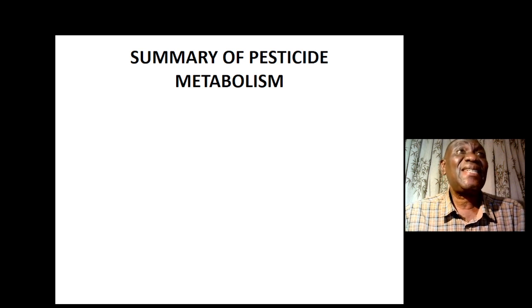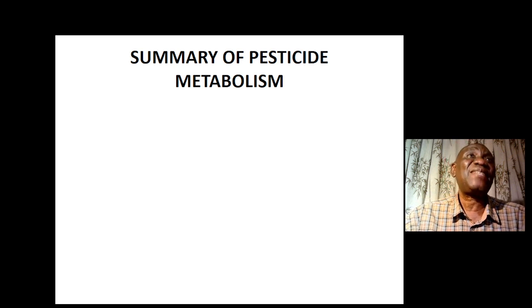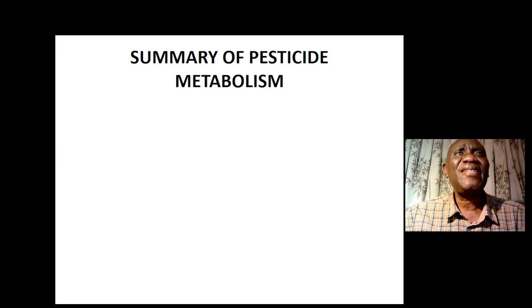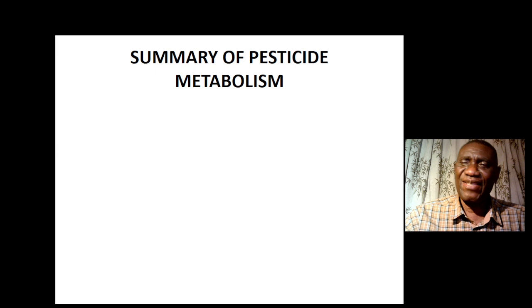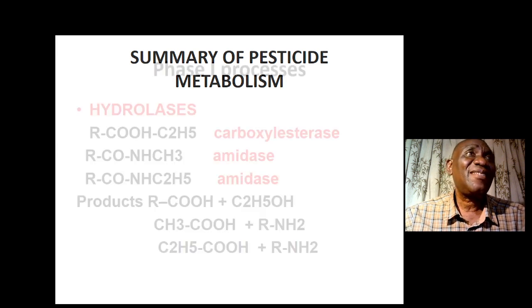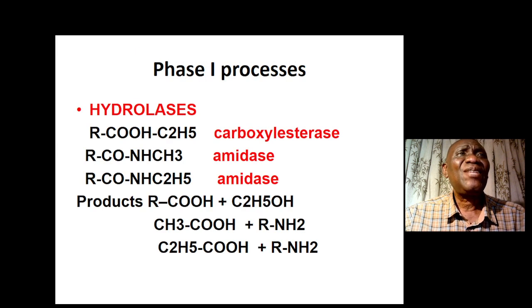So this is it. Let us have the summary of pesticide metabolism. If you are interested to know what we have just gone through, this is the summary. You need to know the hydrolysis, what they do. I will not go through them again.